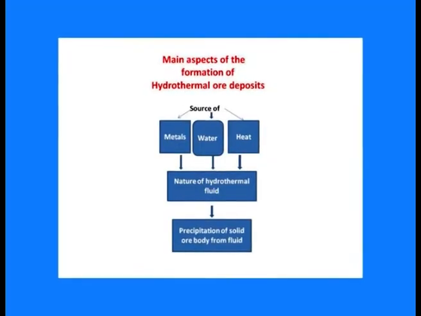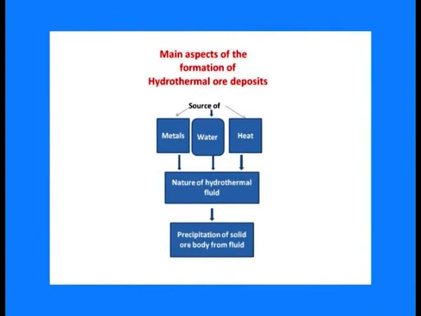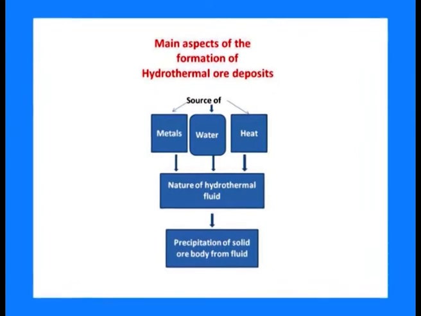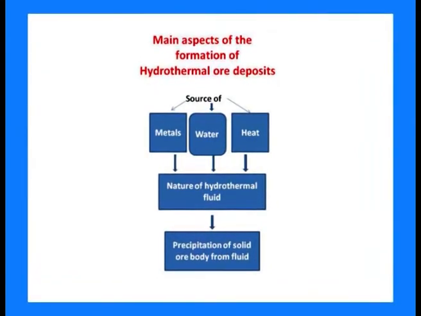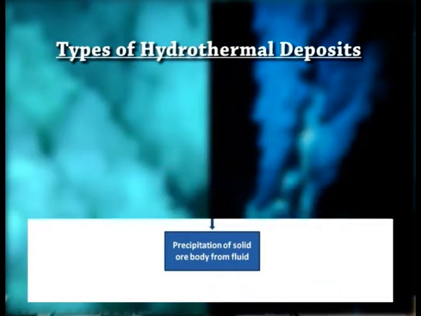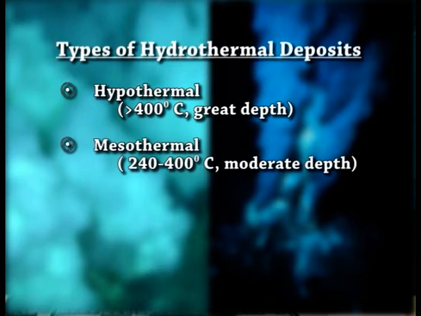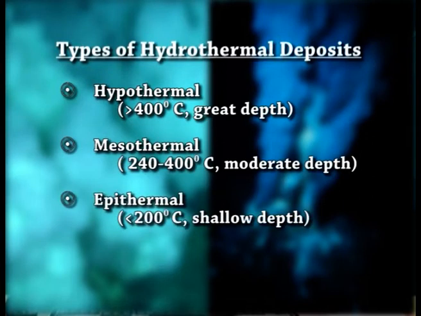Depending upon the pressure-temperature range of their deposition or replacement, there are 5 types of hydrothermal deposits, namely hypothermal, where the temperature range is more than 400 degrees centigrade and the depth is far great; mesothermal, between 240 and 500 degrees centigrade, moderate depth.